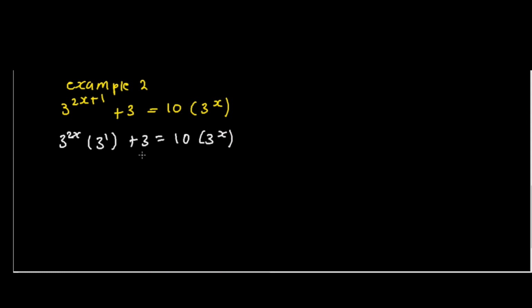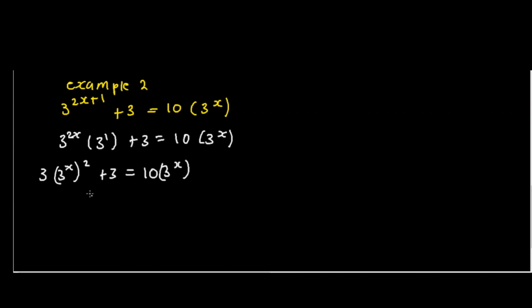And this one is also going to be worked out just like in the previous example. So we shall have this as 3 to the power of x, squared, then this 3 to power 1, we can even put it here. So plus 3, and this is equal to 10 into 3 to power x, like that.